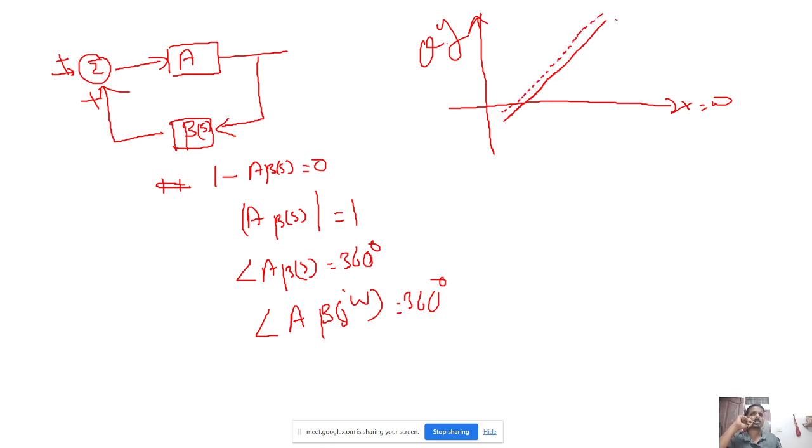Perturbation means perpendicular to omega.